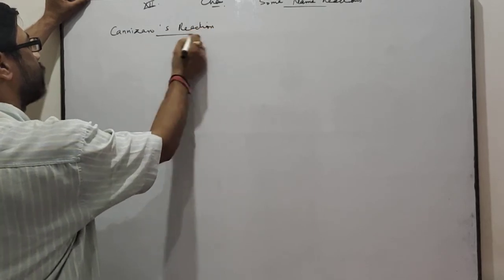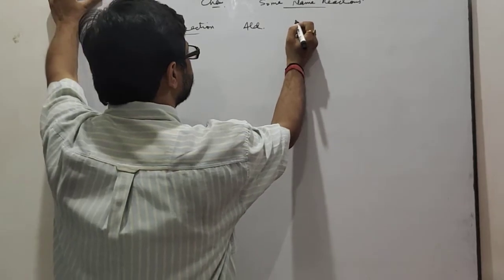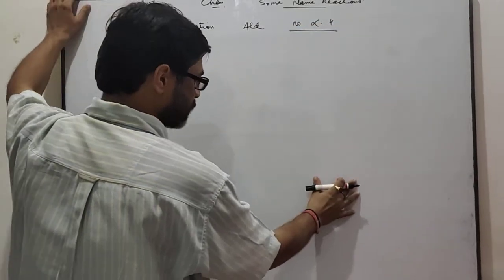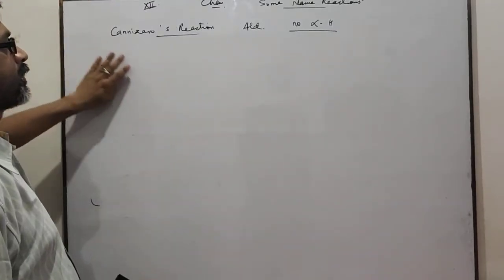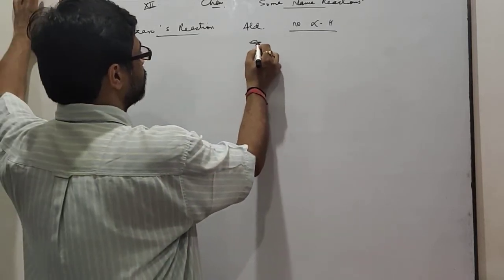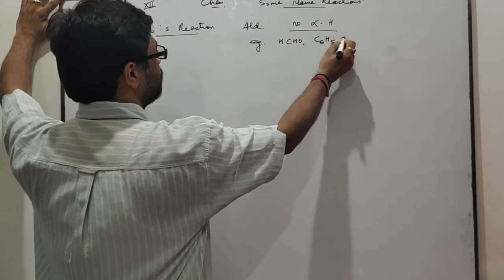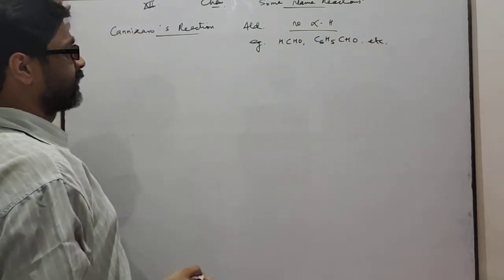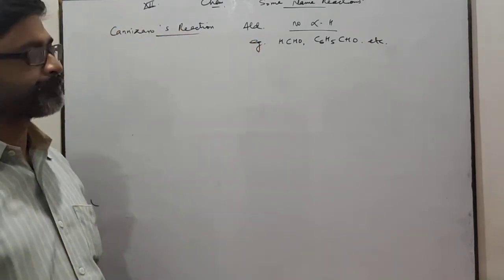This reaction is shown by those aldehydes which have no alpha hydrogen. Means the aldehydes which do not have alpha hydrogen give this reaction, like formaldehyde, benzaldehyde, etc. Those aldehydes which have no alpha hydrogen give the Cannizzaro reaction.